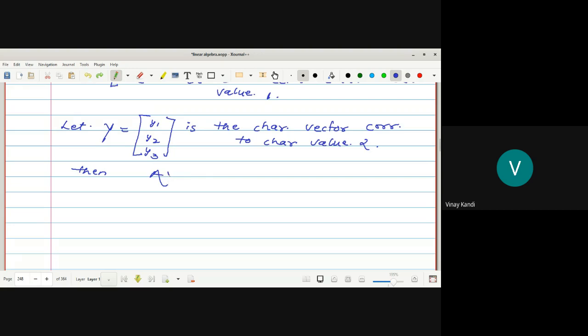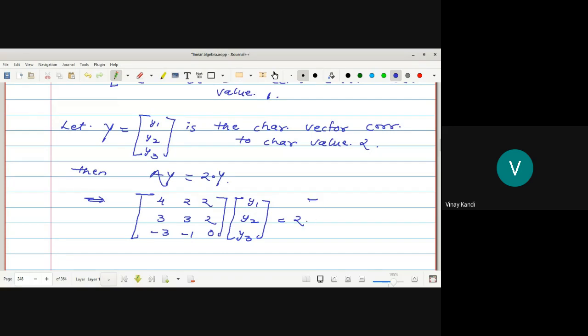So this implies, what is A? 4, 2, 2, 3, 3, 2, minus 3, minus 1, 0 into y1, y2, y3 is equal to 2 into y1, y2, y3.